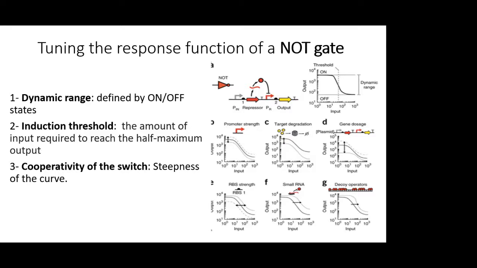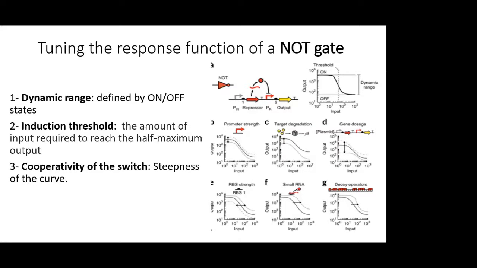So in general logic gate design, you need to adjust the threshold of the logic gate so that the output of an upstream genetic logic gate could span the induction threshold and initiate the subsequent logic gate. So we could change this threshold by changing the ribosome binding site.